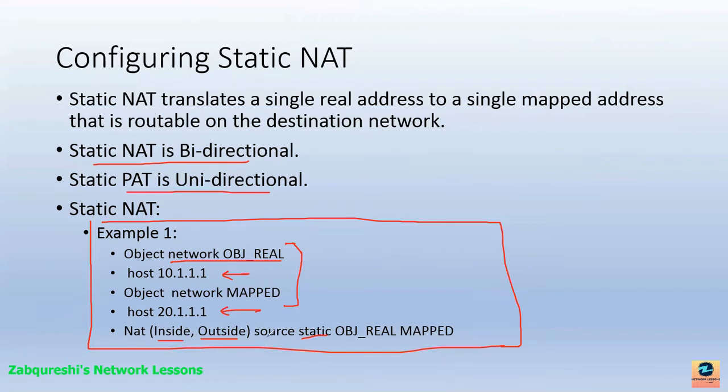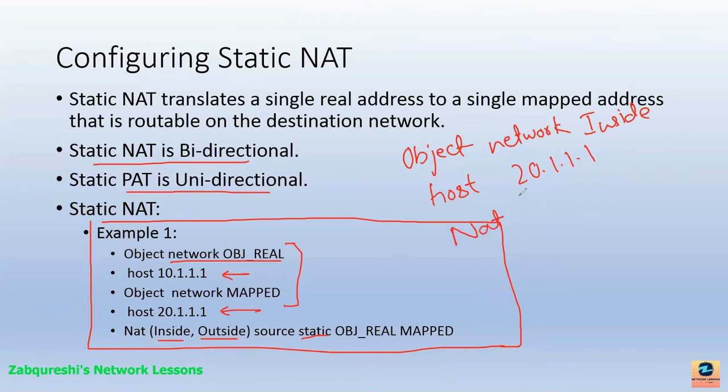There is another thing that you need to understand about this NAT statement, right? So when you create an object and name it as network, say inside, okay, and then you say the host or the subnet, whatever you need, and then you say the IP address, and then you say the NAT statement, and then inside, outside, whatever.